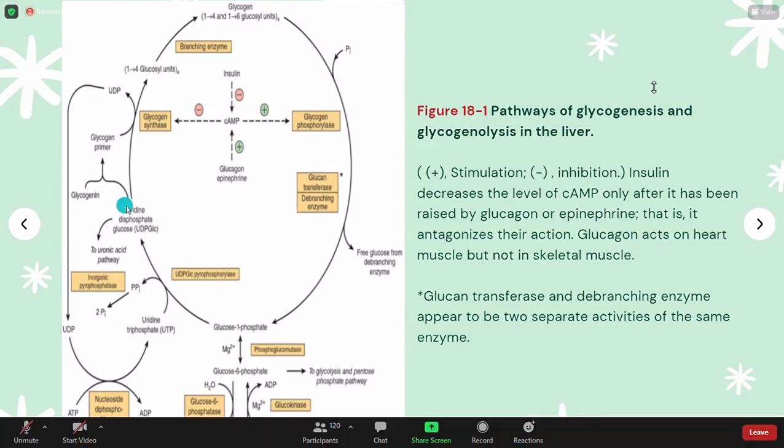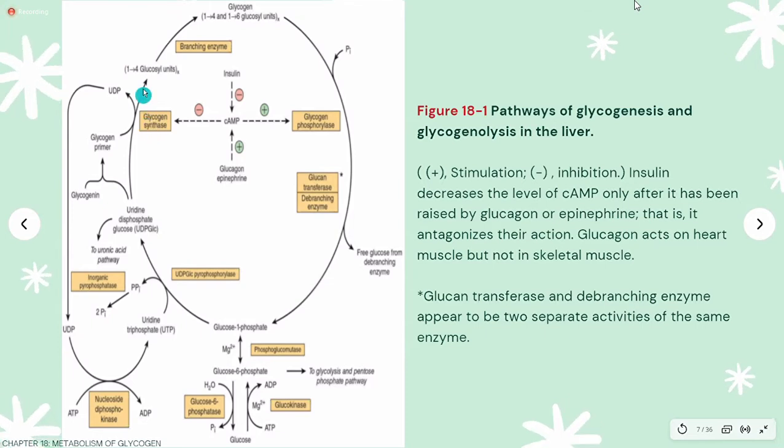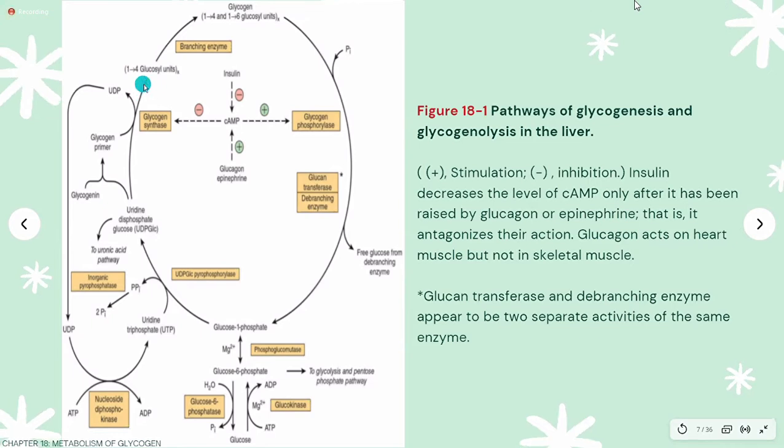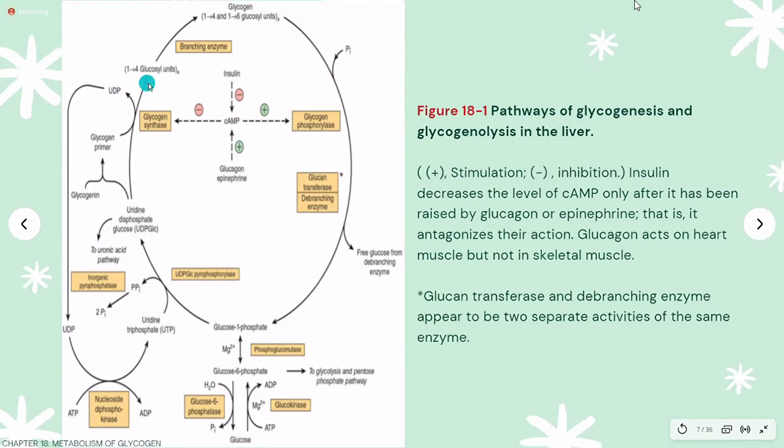All right. So UDP glucose attached to your glycogenin, catalyzed by what we call glycogen synthase. All right. That glycogen synthase now will have several glucose units added to it in a 1,4 linkage.